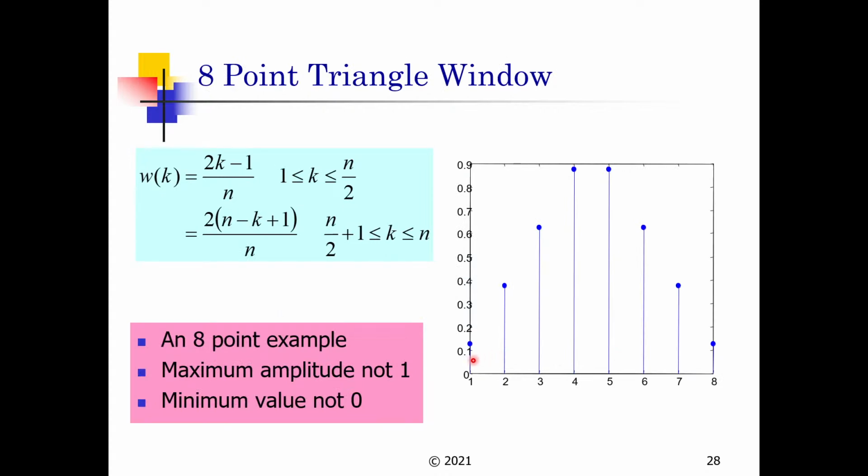What this means is that you get a nice triangular shape instead. But as a result, even though we're doing an 8-point triangular window here, the maximum amplitude here will not be 1, and the minimum value here will not be 0. So that means coming towards your centralized frequency, you won't get the same maximum amplitude that you do require, and coming towards the edges of the windows, you won't get the same minimum amplitude required.